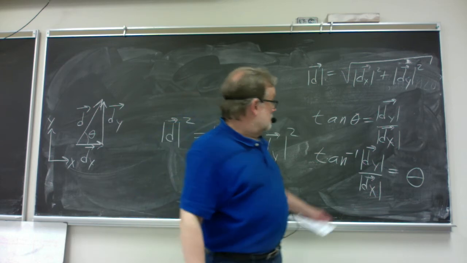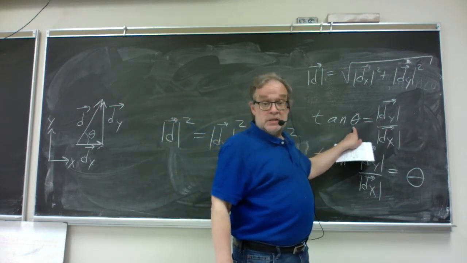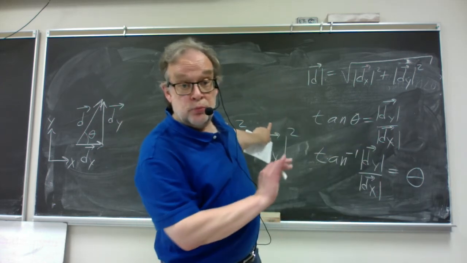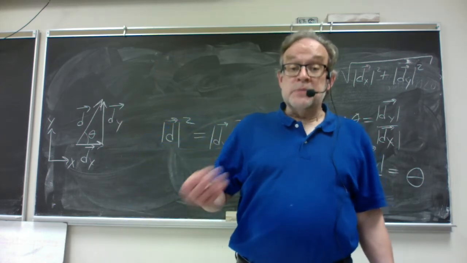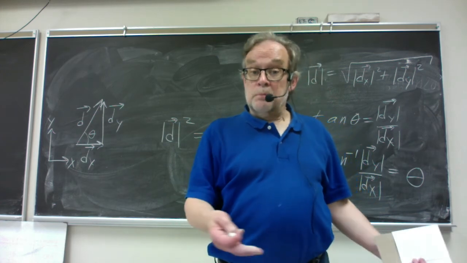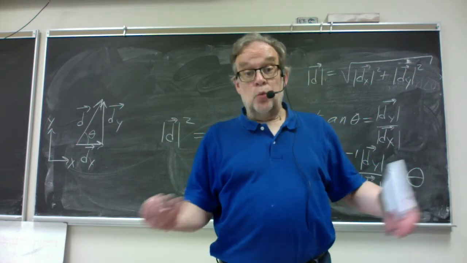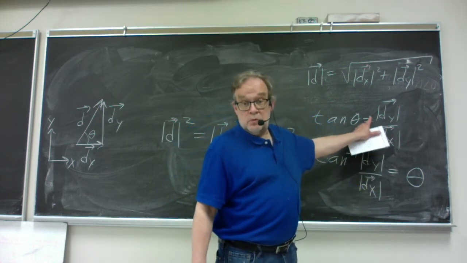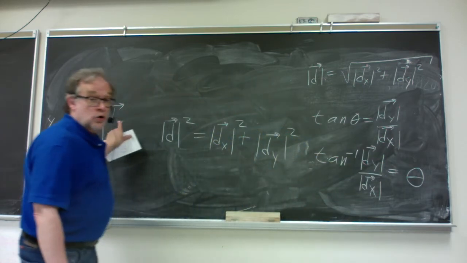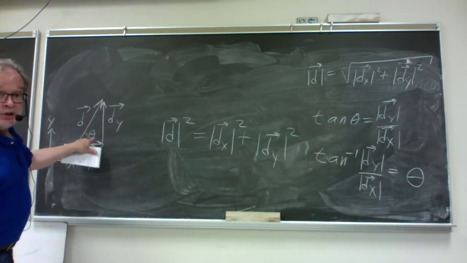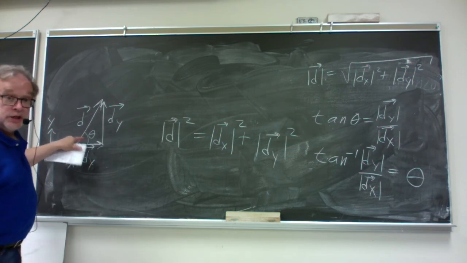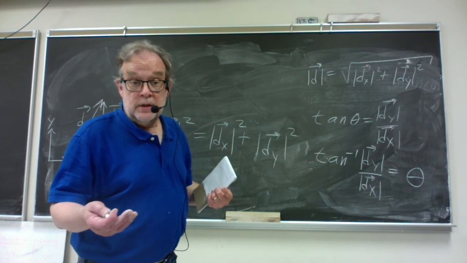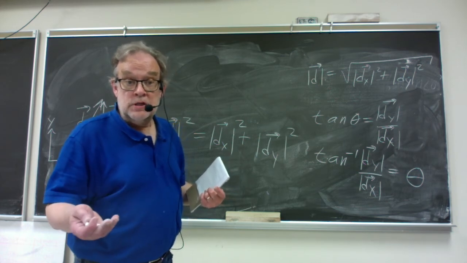Now remember, this is the side that's opposite to the angle. This is the side that's adjacent to the angle. And as we saw in the previous example, sometimes it might be the x component that's opposite and the y component that's adjacent. So this is how things work for this particular triangle and this particular angle. It would be a little bit different if we chose a different angle.